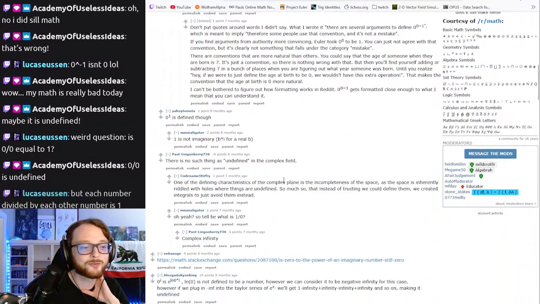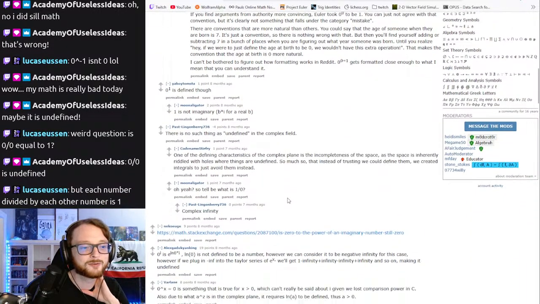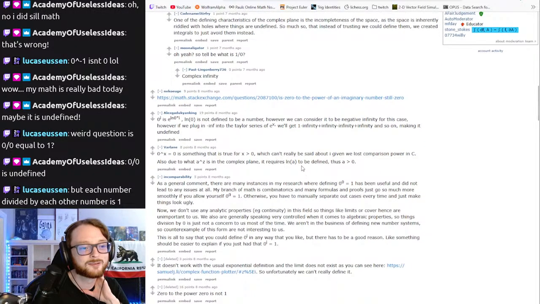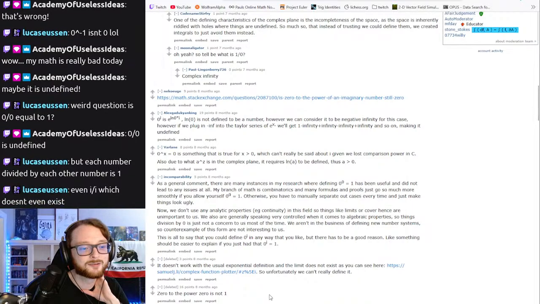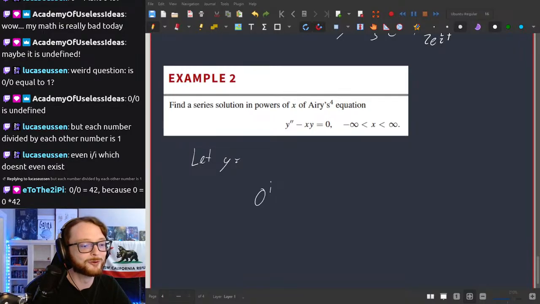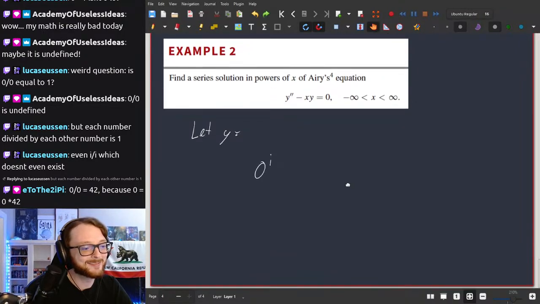There is a sense where it could be 1. Zero over 0 is 42 because 0 equals 0 times 42. Yeah, that's an actual counterexample there. i over i is fine.